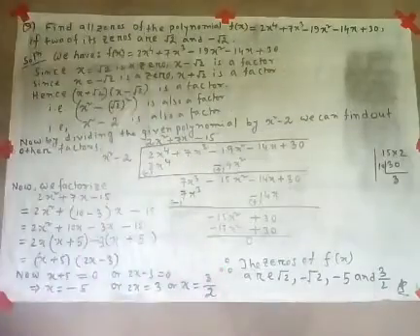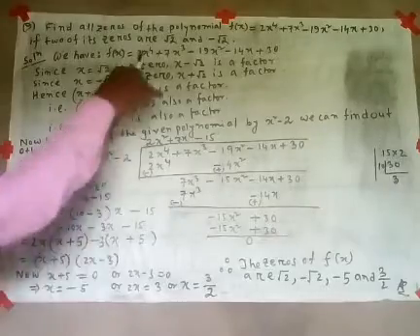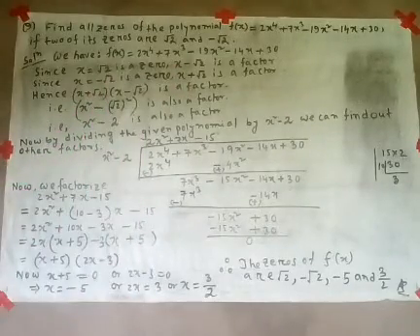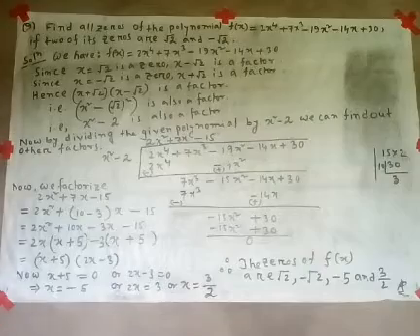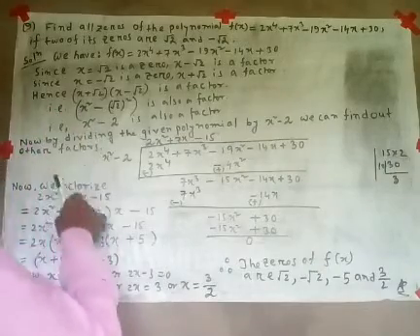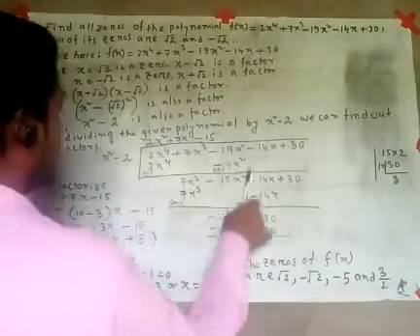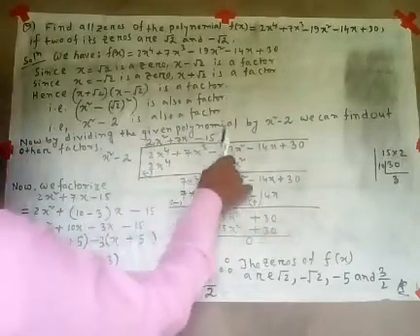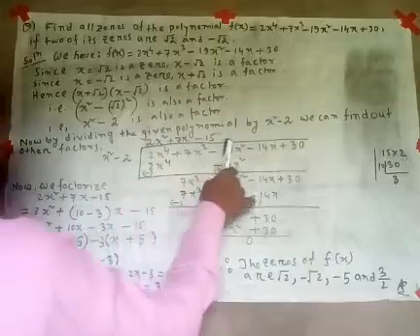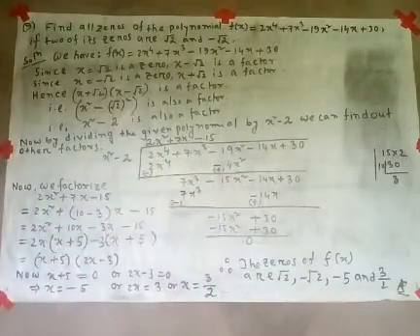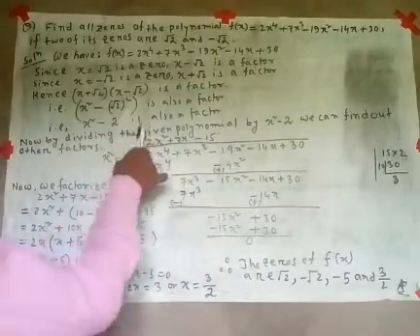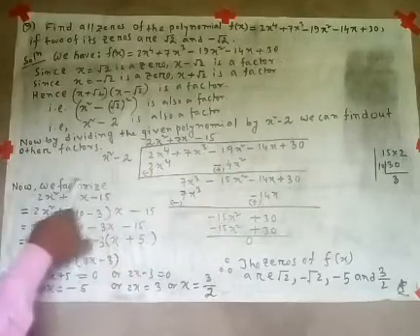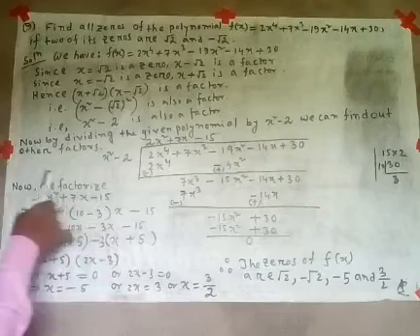It depends on the power of x. Maximum power was x to the power 4. First of all, what have we done? We have done the division here. After division, we got 2x square plus 7x minus 15 as the quotient. From this quotient, we have done factorization again, middle term factorization.